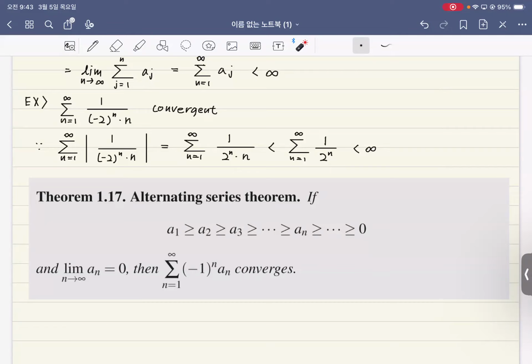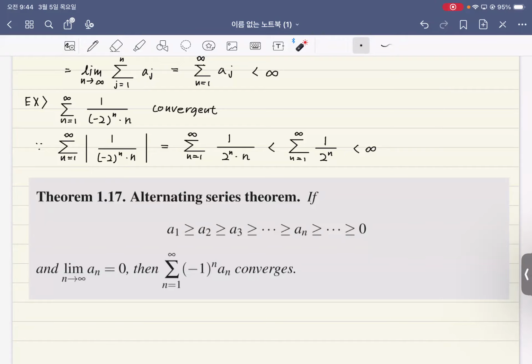So a_n is a decreasing and non-negative sequence, and there's another assumption: a_n is tending to 0. Let us assume these two things. Now, the series in question is this.